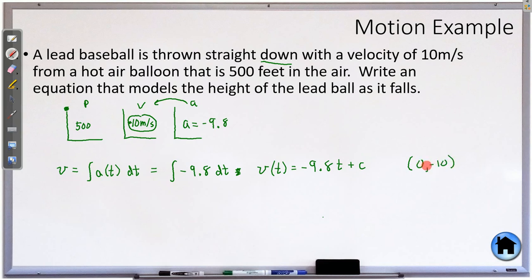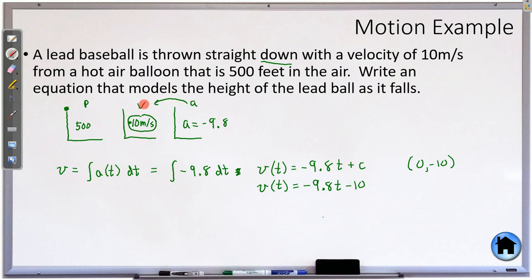At 0 seconds, it's going down at 10 meters per second. Well, if you plug in 0, that goes away, and you're left with negative 10 is equal to c. So our velocity equation will be negative 9.8 t minus 10. Hopefully you can see if you plug in 0, you'll get negative 10.